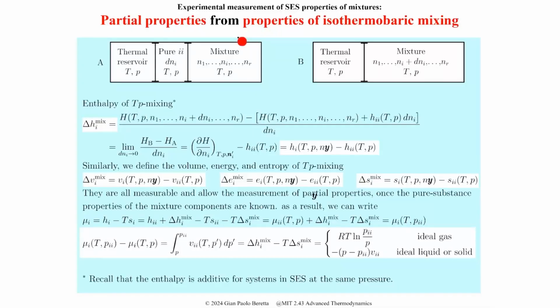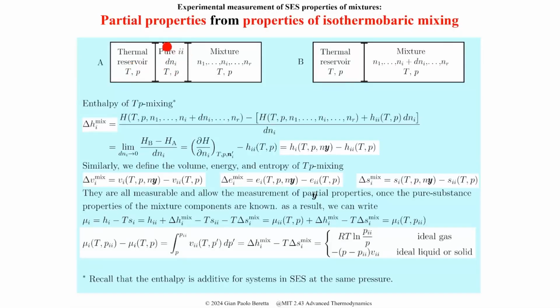And so we take a mixture with some given composition at a stable equilibrium state at temperature T and pressure P. And we put it in mutual equilibrium with a thermal reservoir of the kind that can exchange also volume. So you have also the pressure equality as a condition for mutual equilibrium between your mixture and the reservoir.